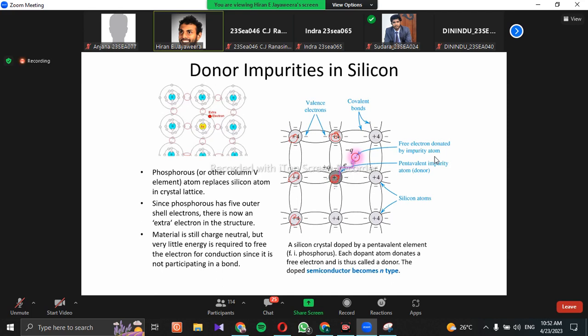So protons and electrons are represented correspondingly. For silicon, we know that we have 14 protons inside. This +4 corresponds to these 4 electrons. That is how they are neutral. In the case of arsenic, you have 5 electrons, and we have 5 protons corresponding to that. So that is why this is neutral.